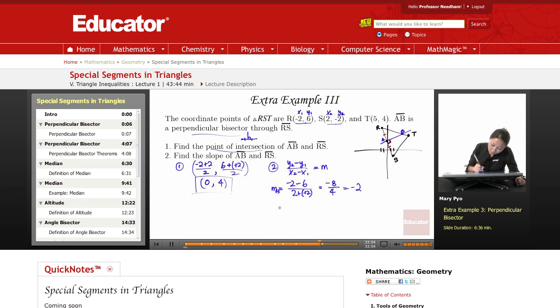So the slope of AB is going to be the negative reciprocal, so that's negative of negative 1 over 2, right? So then this is going to be positive 1 over 2, okay? So one is negative 2 and the other one is positive 1/2.